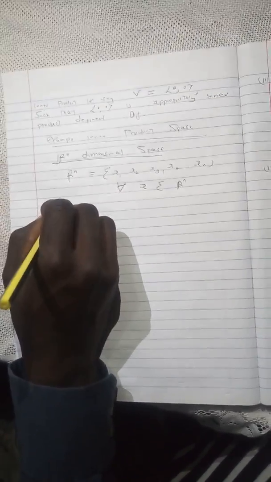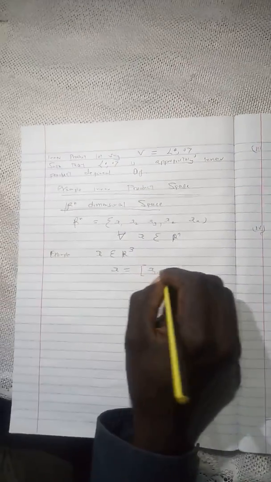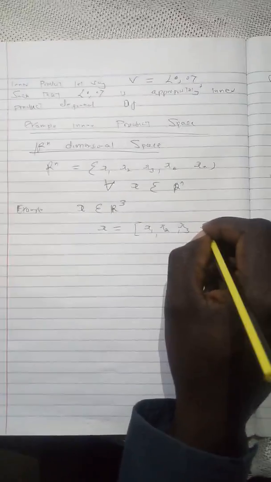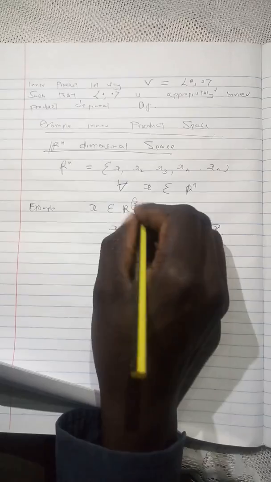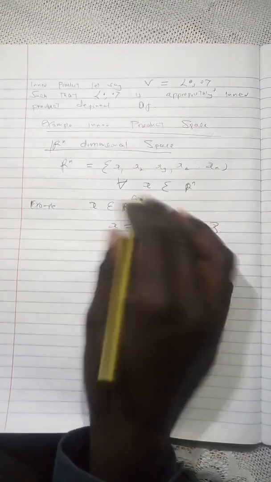So for example, if x is a member of R3, we'll say x is equal to x1, x2, x3. Because of this, we have 3 elements, 1, 2, 3. So this one is Rn, n-dimensional space.